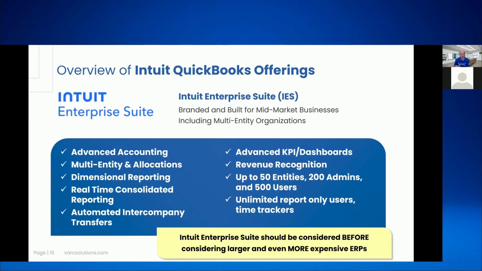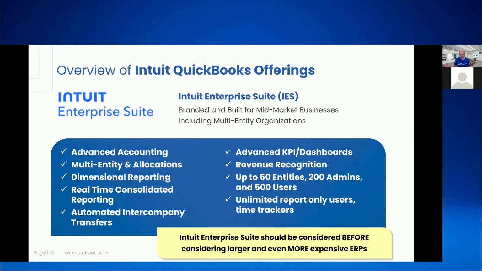We can show you how that dimensional reporting works. We can show you how the real-time consolidation works, and also what this revenue recognition stuff is all about. You can absolutely talk to Adam about that, and we can also get you a quote on what it would cost, not just for the software licenses itself, but also what it would look like in terms of timing and cost to migrate.